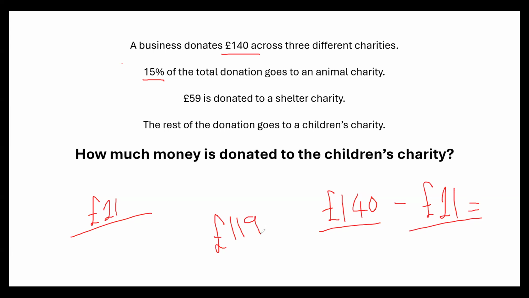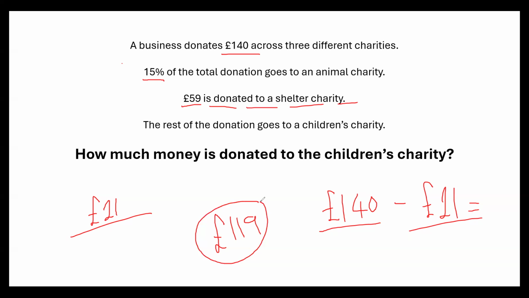But we've only done this first step of the question, haven't we? It says £59 is donated to a shelter charity. So there's no percentage question being asked here. We're explicitly told that £59 is donated. So we need to subtract that from what the business has left. They had £119 left. They've given away another £59.